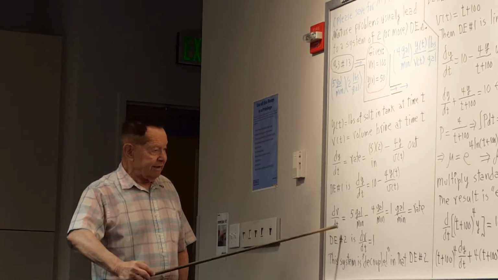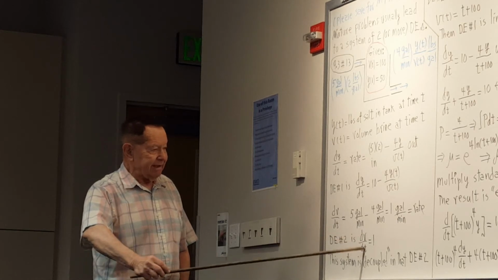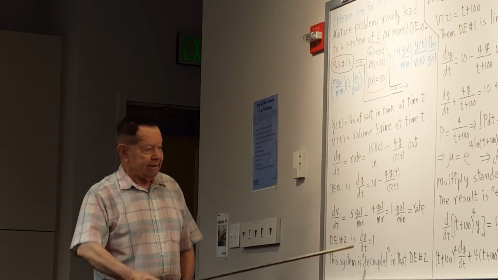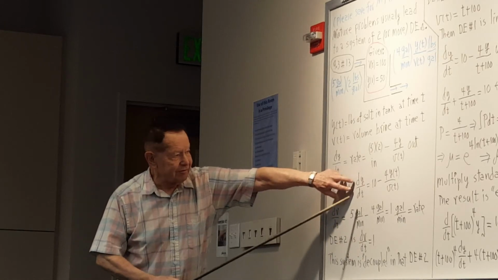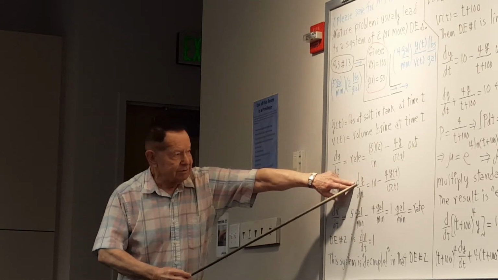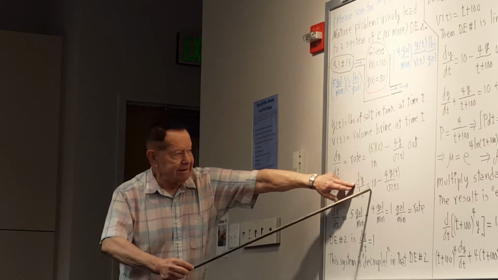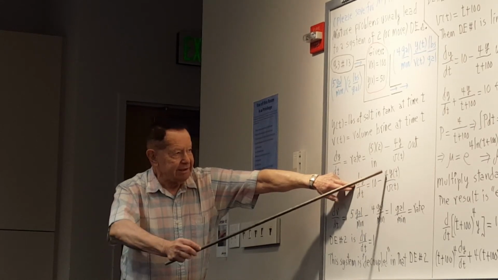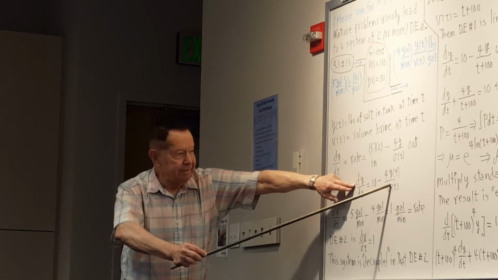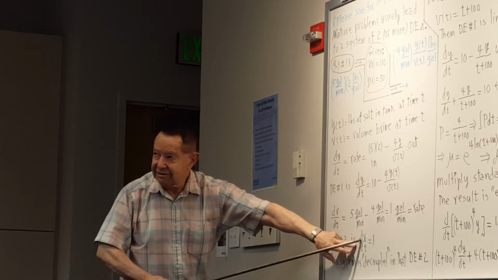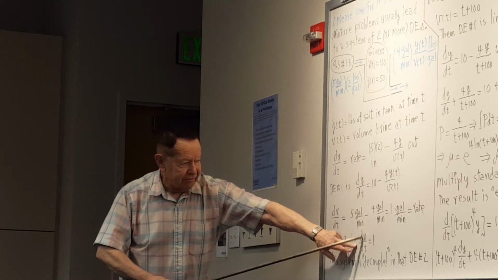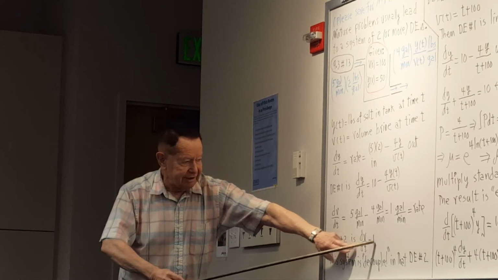So DE number 2 is dV/dt equals 1. Now, this is a system of two differential equations. This one, dy/dt, is 10 minus 4y over V, and the V that's here is the solution of this differential equation, for which its derivative is equal to 1.